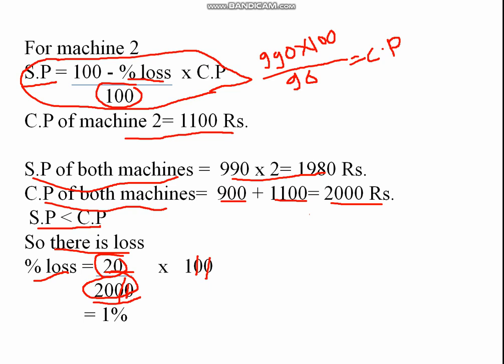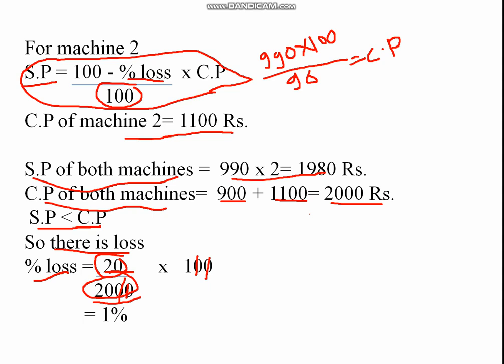We were given the SP of two machines, as well as that on one machine he gets a 10% profit and on the other machine a 10% loss. From this given information we found the CP of both machines. If the SP and CP of both machines are known, we can find whether there is a profit or a loss in the transaction.